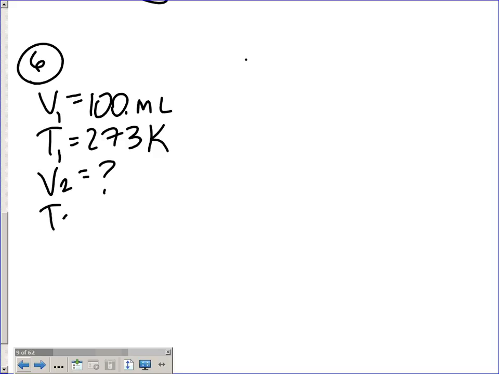What volume of gas will this occupy at 300 Kelvin? All right, so the gas law snaps you in the face. Charles's law. I know we're doing this sequentially, but you should be able to identify these are V and T relationships. What's Charles's law again?